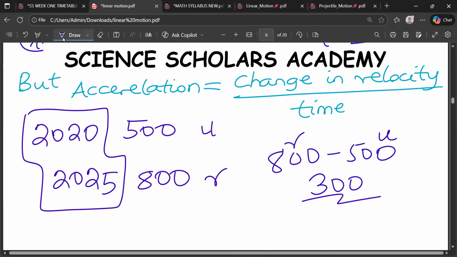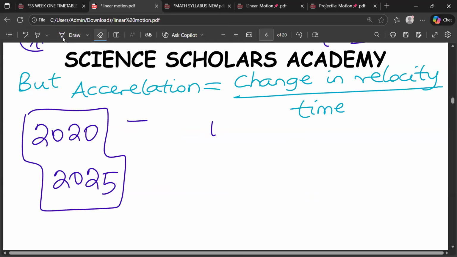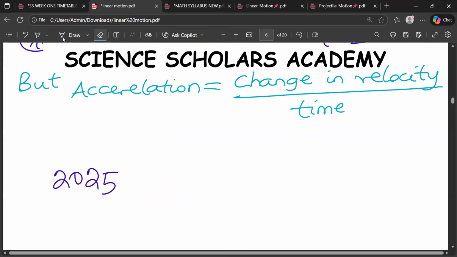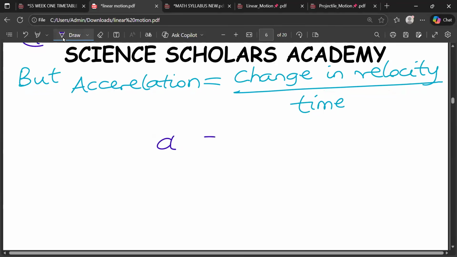So as we are getting change in velocity, we shall also say final minus initial. And in most cases, that's what is done. Final minus initial. So we are going to replace with letters. So we are going to have A for acceleration.